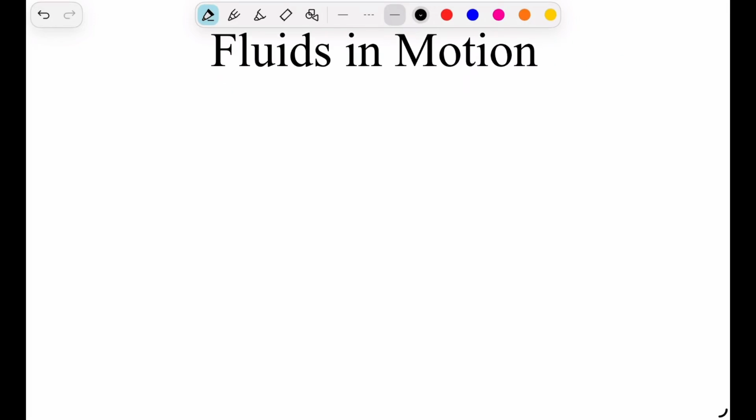In this video, we're going to be going over fluids in motion. First, we have to start off with what is the definition of a fluid. So a fluid includes liquids plus gases, and it is something that flows and takes the shape of its container.